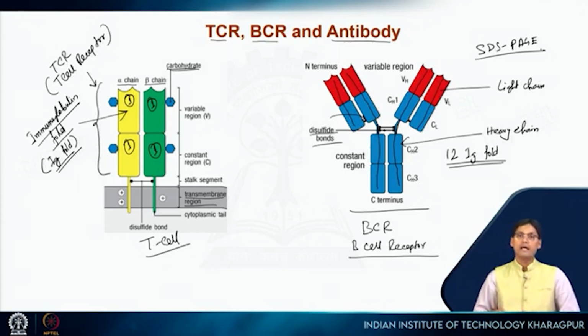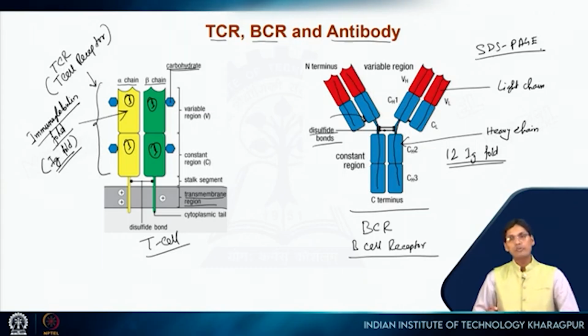We will get 2 bands, because SDS-PAGE denatures the protein, and generally we add a reducing agent, either beta-mercaptoethanol or DTT, dithiothreitol. They will reduce the disulfide bonds. As a result, you will get 2 bands.